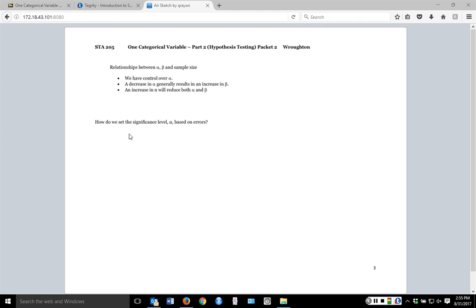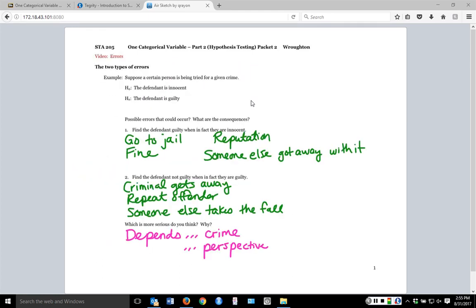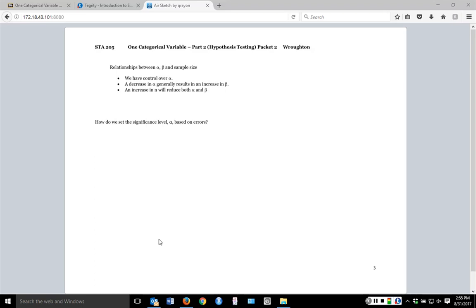A question that then remains is how would you actually set your significance level based upon the errors that we have? What I have to think through goes back to the very beginning: figuring out which error is more serious. And like I said, it depends upon the situation. So that's going to be the first thing I figure out.